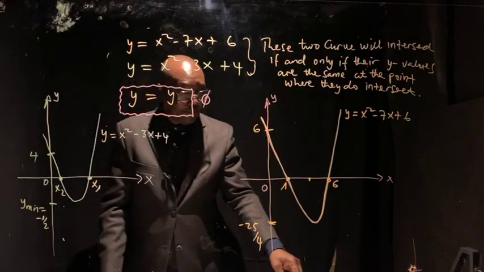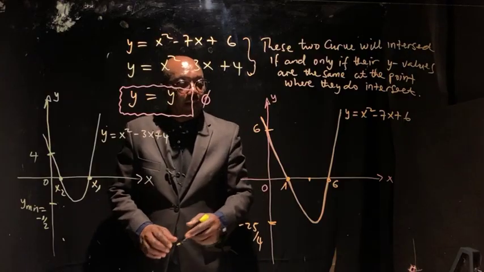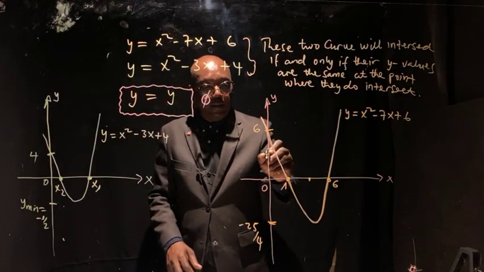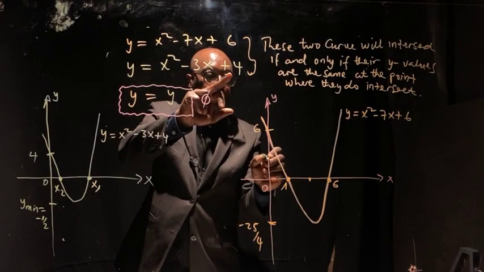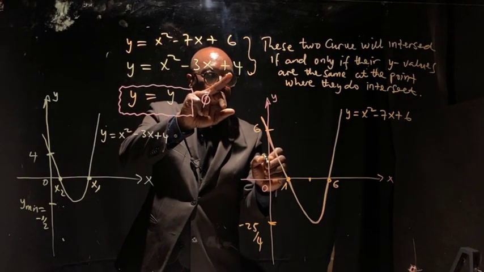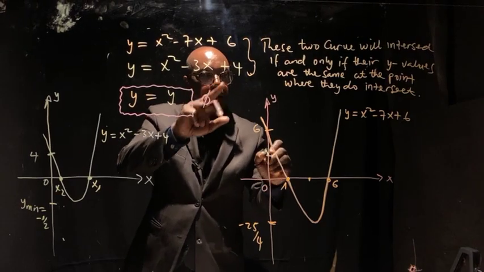And for this second equation, the graph will be like this. The y-axis intercept is 4. Possibly something here.